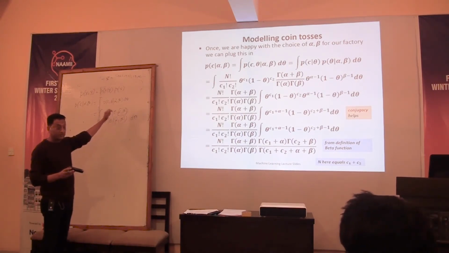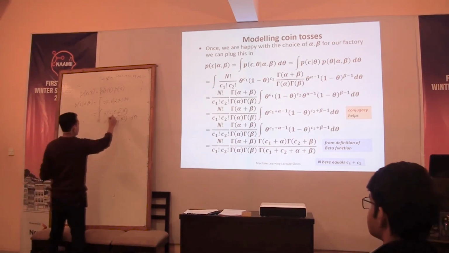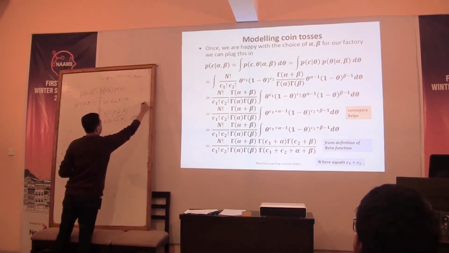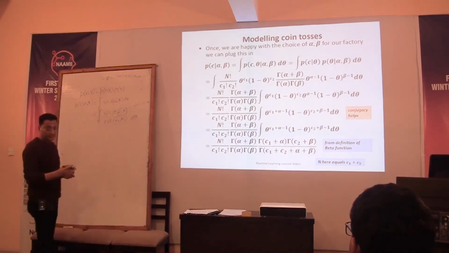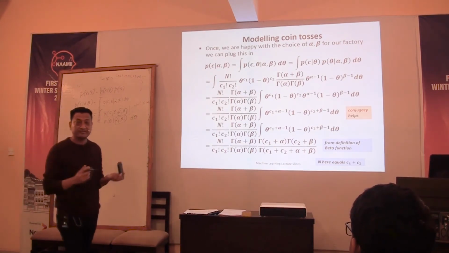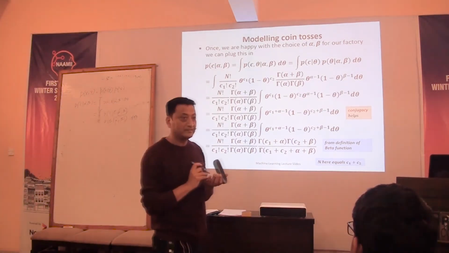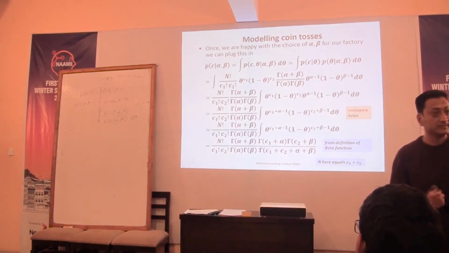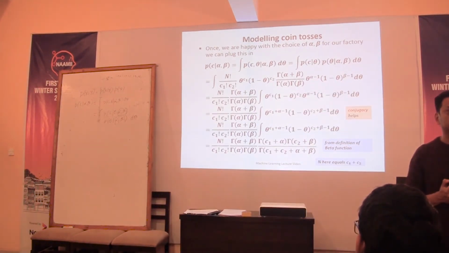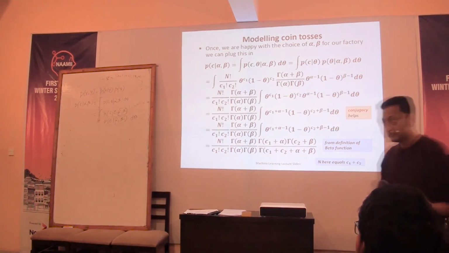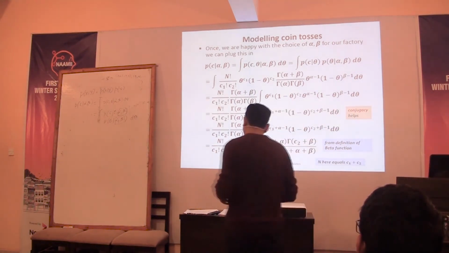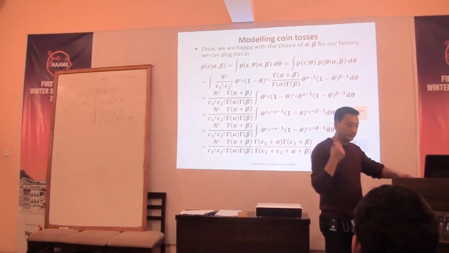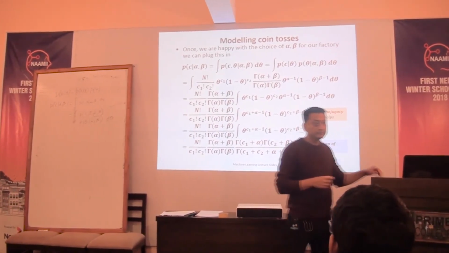Okay? So hence, this thing can be written as P(C|theta), because once you know the theta, the fact that it came from some factory is irrelevant. Okay? Is that clear? So we can use the notion of independence to get rid of the alpha and beta there.